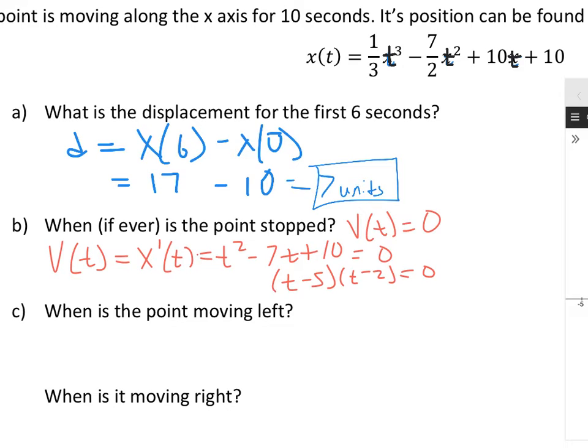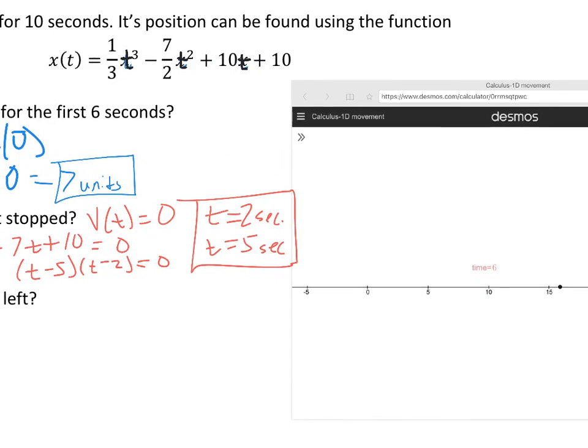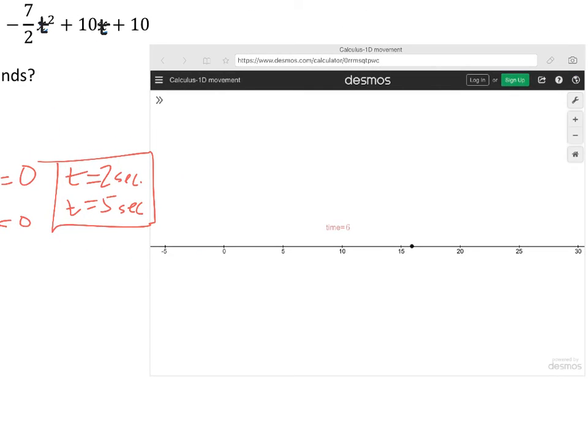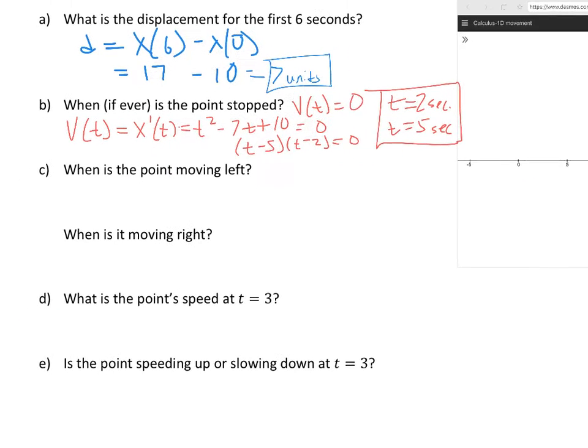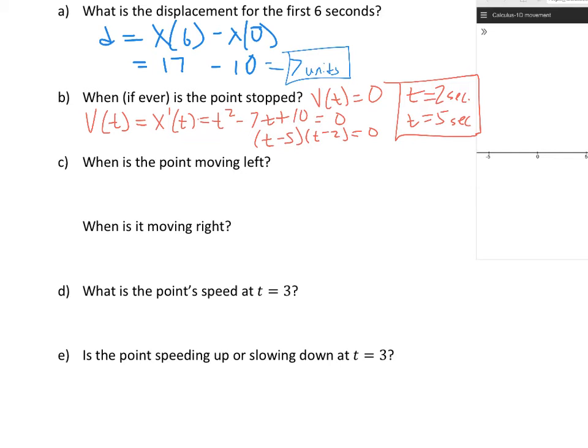We have 2 times. So that happens when t is 2 seconds and t equals 5 seconds. So there's our 2 times when it stops, and we can look at our graphic and see, yeah, that's about right. Watch the time, it's going to start over. It's about 2 seconds it stops, and about 5 seconds it stops. Yep, that's exactly right.